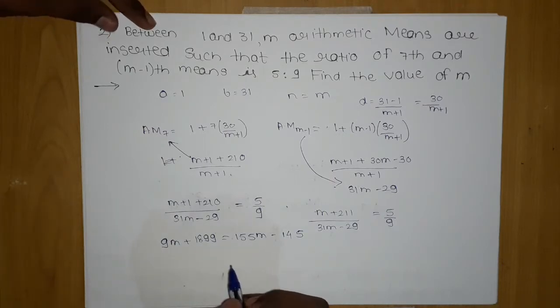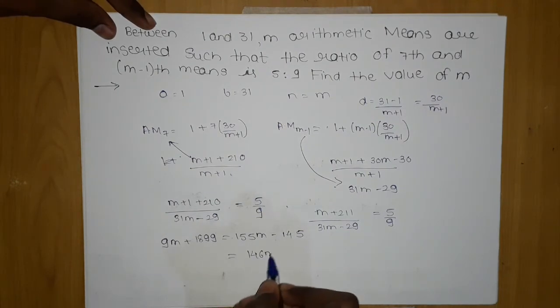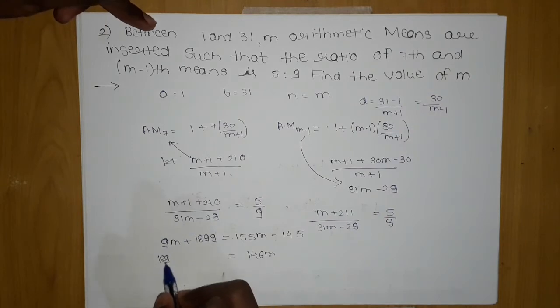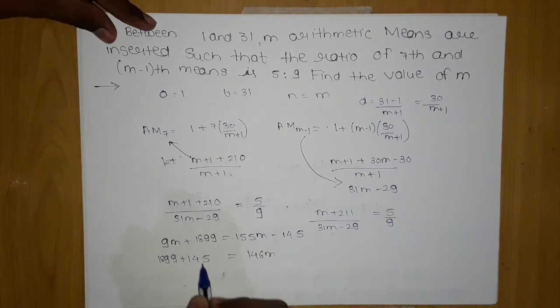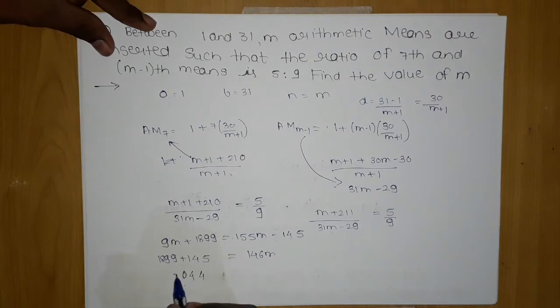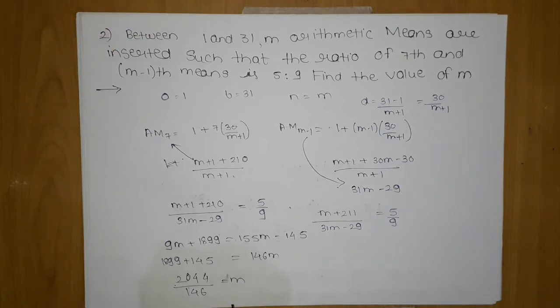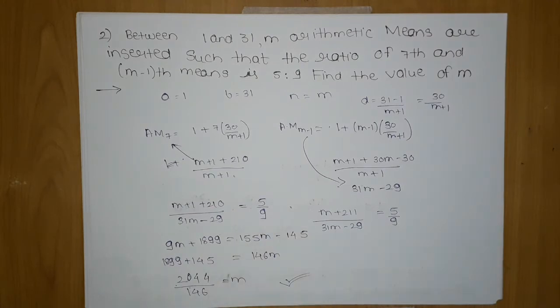Further on, if we calculate it, here if I cancel this term I get 146m, and here if I add 1899 plus 145, I get 2044 upon 146 for m. So I'm getting this value and it will give me the value of m which I need to find out. You can calculate that.